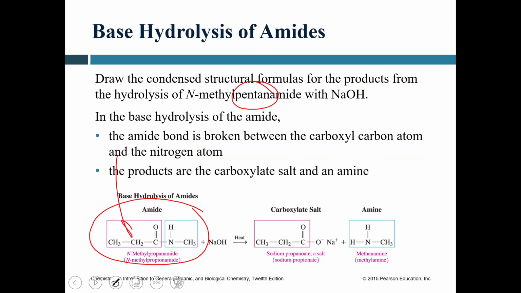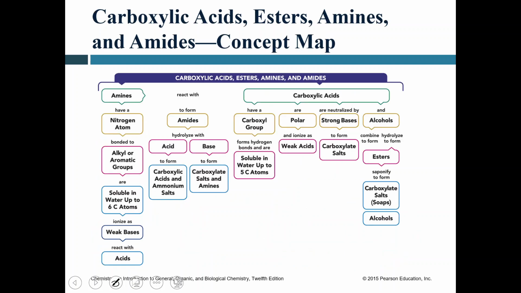So N-methylpentanamide will give us the sodium salt of pentanoic acid, which will be a carboxylate salt, sodium pentanoate, and methanamine. So this is the concept map for this unit. Please let me know if you have any questions.